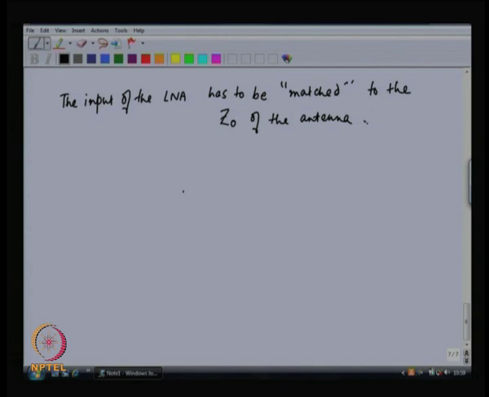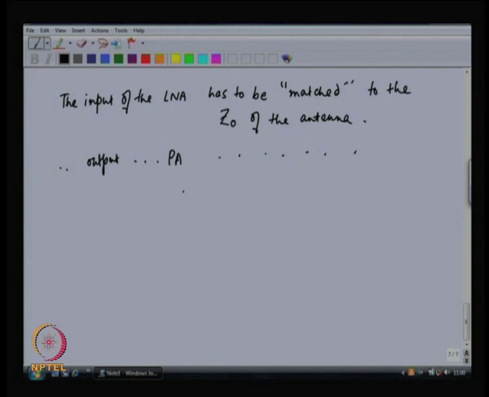The output of the PA has to be matched to the Z naught of the antenna. Okay, so, that is the kind of sentence that we are going to use.